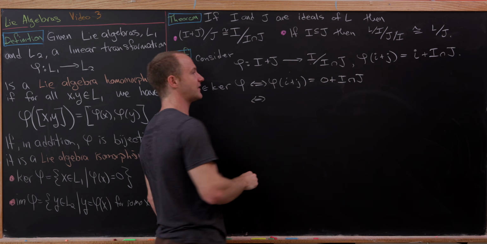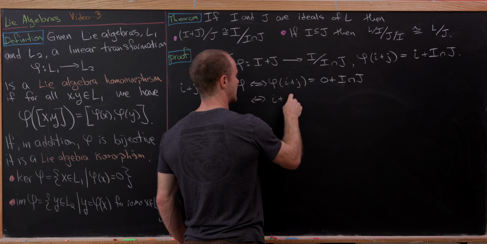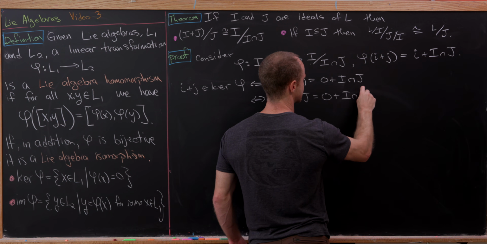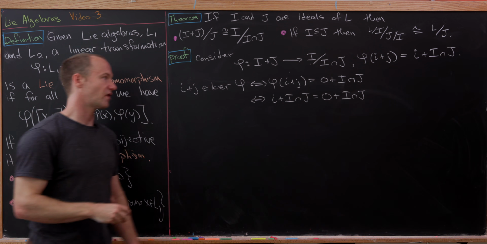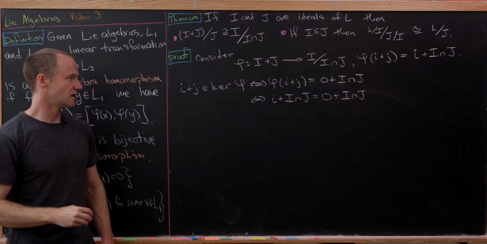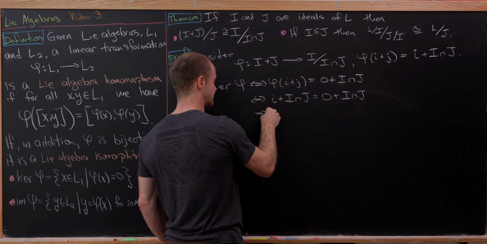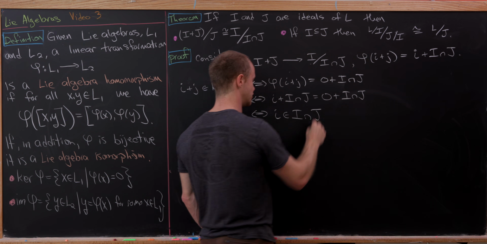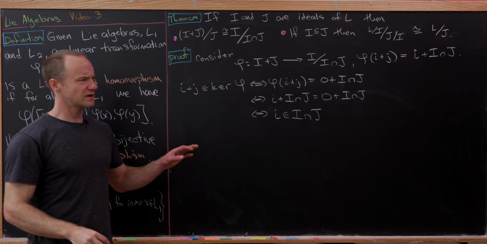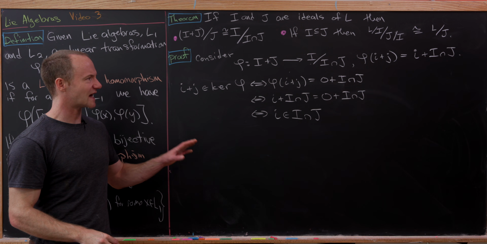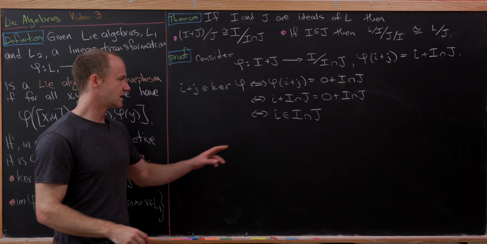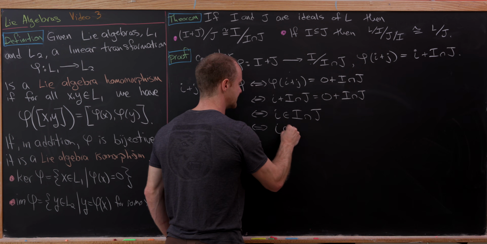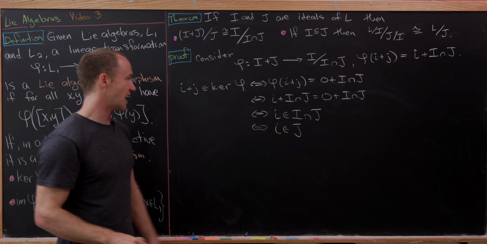But that's if and only if i plus I intersect J is equal to 0 plus I intersect J. That's just applying the rule for phi. But then these two cosets are the same if and only if i is inside of I intersect J. Let's recall that all of these i's are inside of I. So that means that this holds if and only if i is also inside of J.